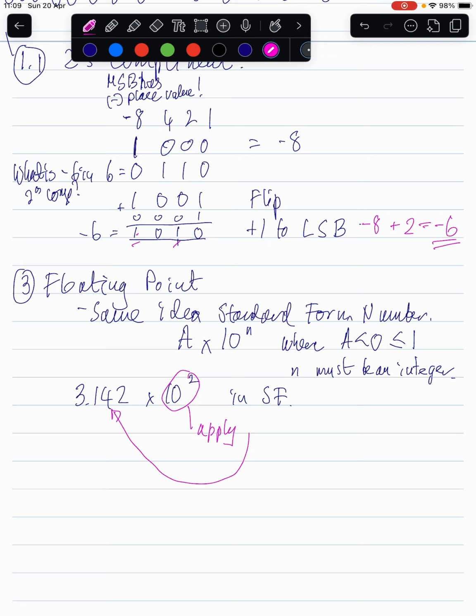It's times by 2, so this number needs to get bigger, so we're going 1, 2, so the decimal point would end up here. So that number would be 0.1, no, that's not right. That number would be 314.2, okay?